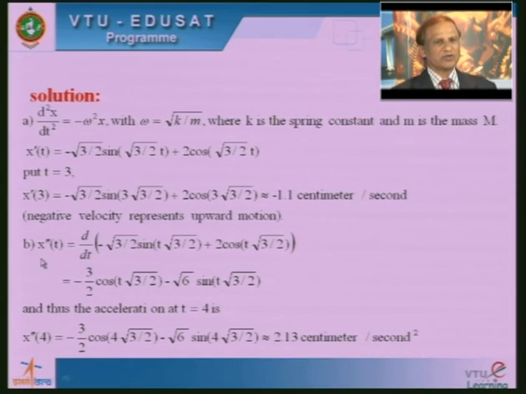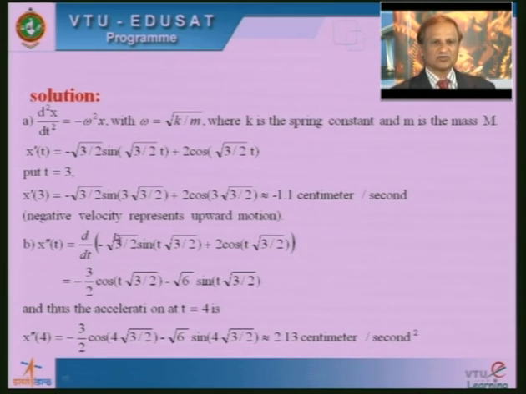Is it clear? Now how are we going to calculate x double prime of t, which is equal to d by dt of the same expression I have written. The constant is kept, and the derivative of sine t is just like the derivative of sine at. So minus 3 by 2 cos of at. Is it clear? How do we get 3 by 2?